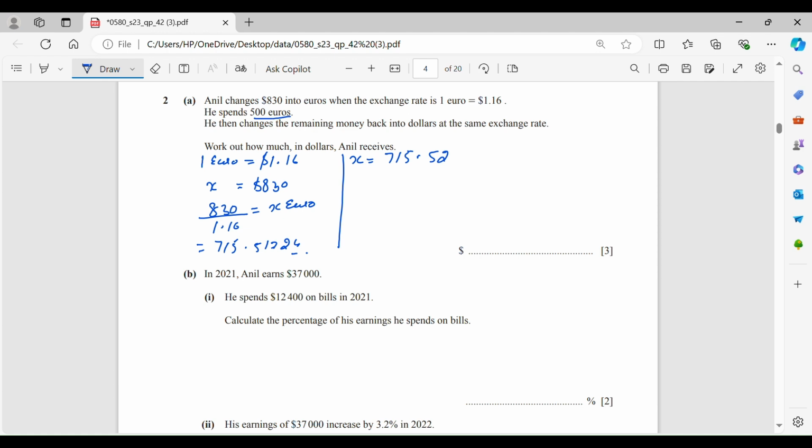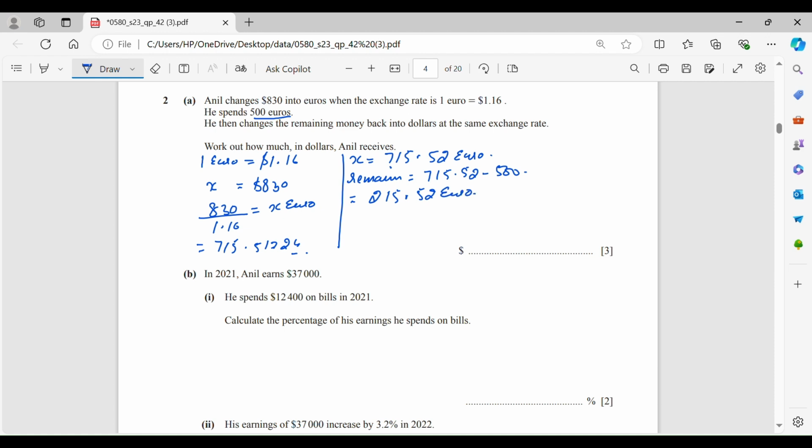He spent 500 euro out of this, so the remaining will be 715.52 minus 500, which is 215.52 euro.